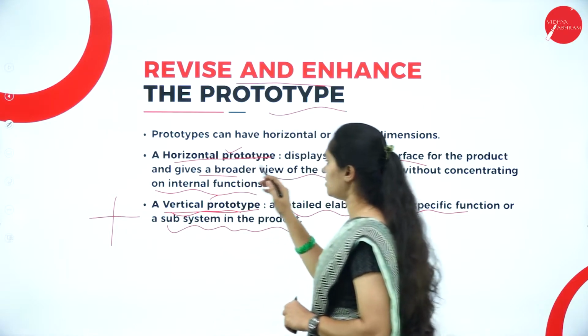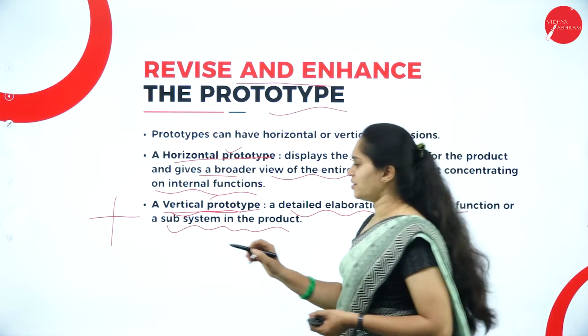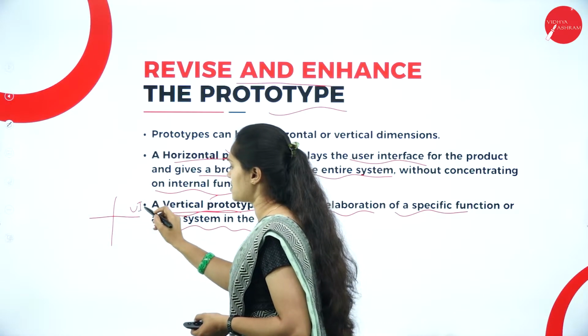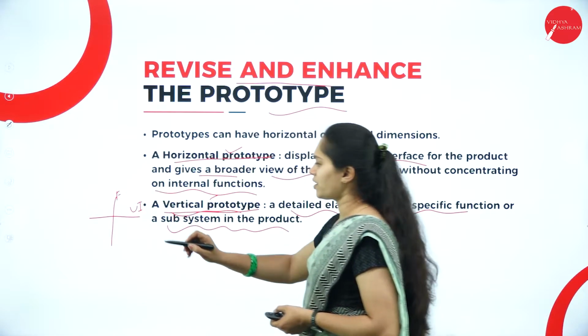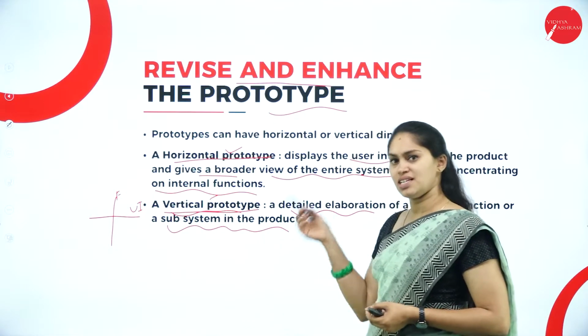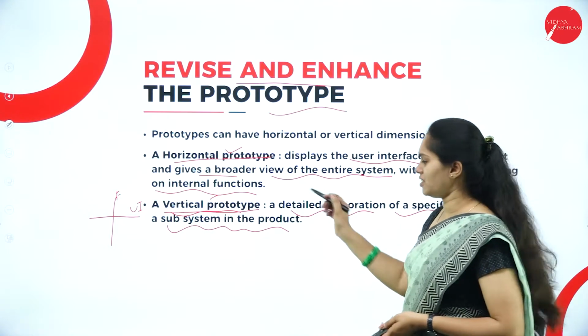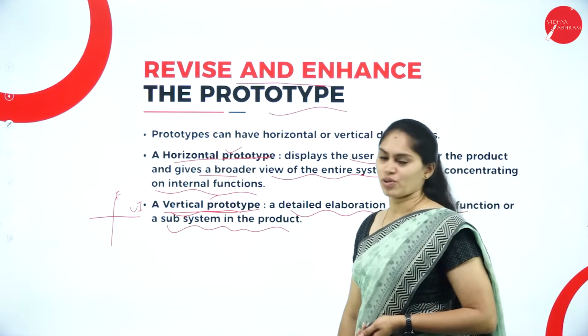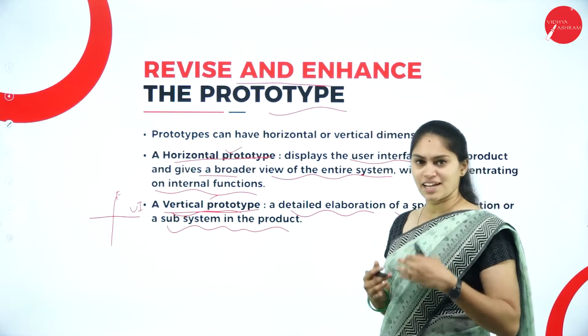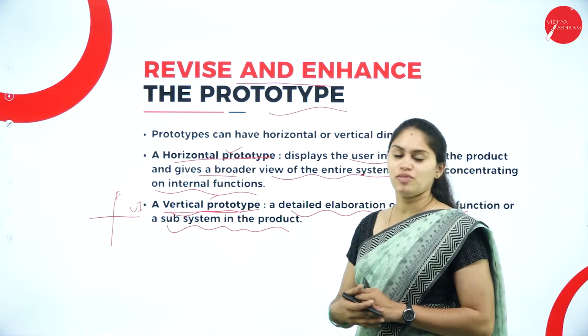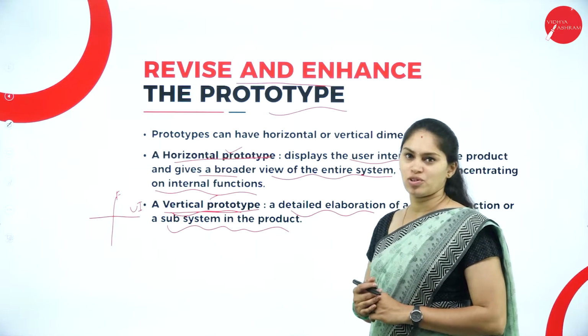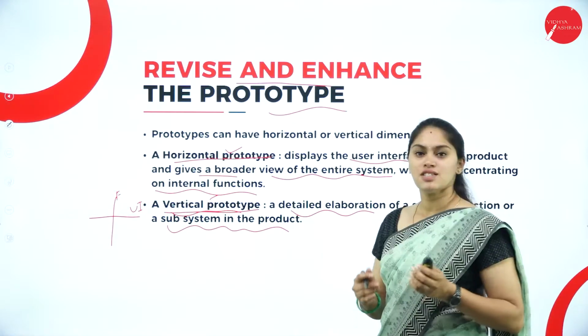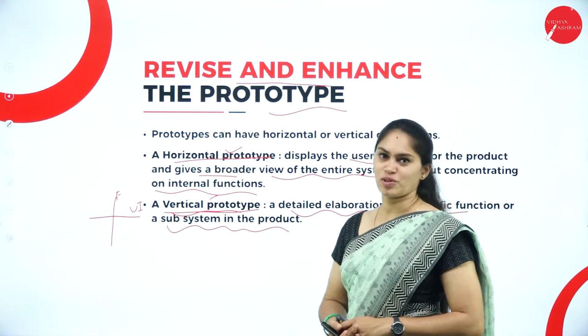In the horizontal prototyping, they only bother about the user interface. In the vertical prototype, they look at the functionality of the system, or any subsystem within it. This is how all the stages of the approach helpful for the design of a software prototype take place. Next we'll see the types of prototyping.